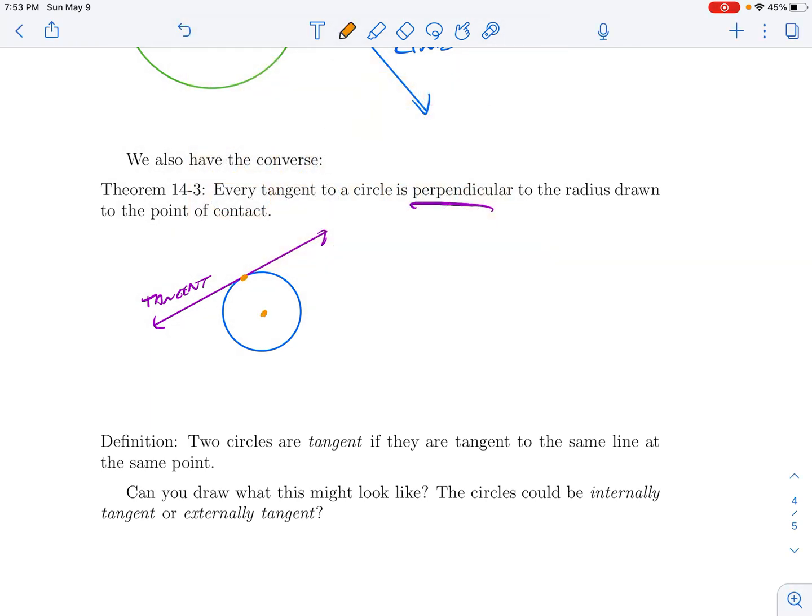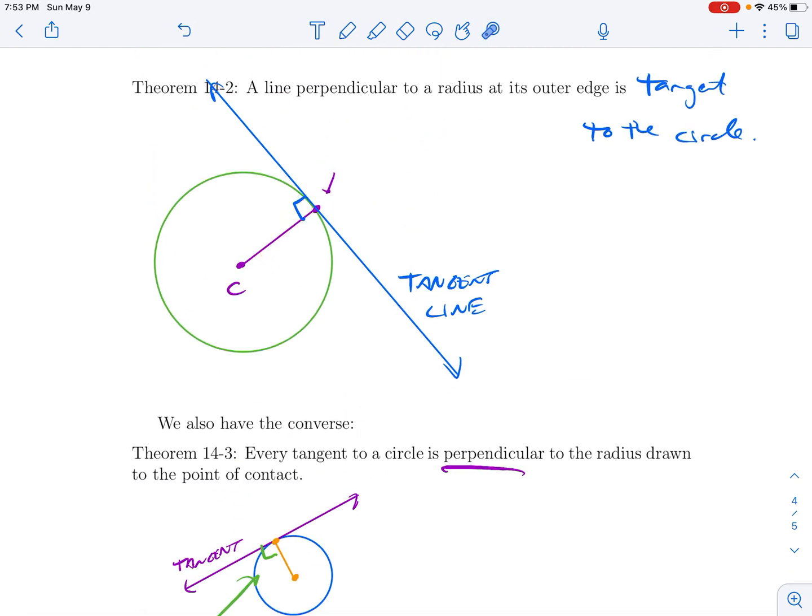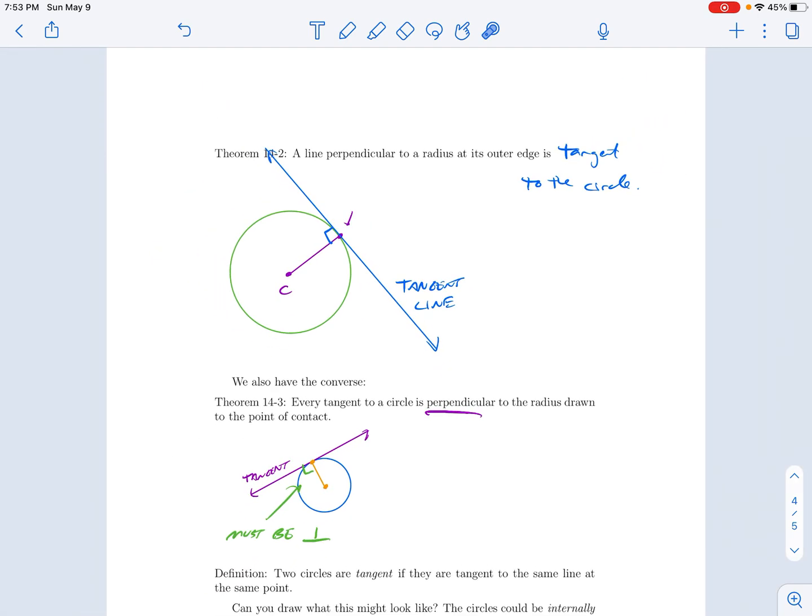So if I draw in this radius, it is a guarantee that this must be perpendicular. So it sort of goes both ways. If I start with a radius and a right angle, I get a tangent line. If I start with a tangent line and a radius to the same point, I get a right angle.